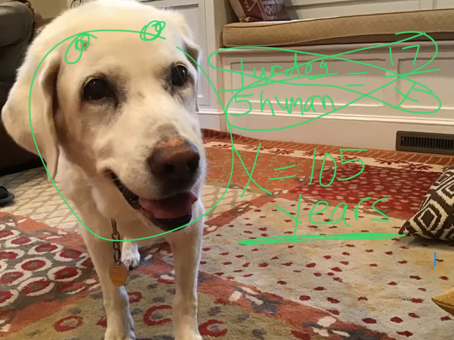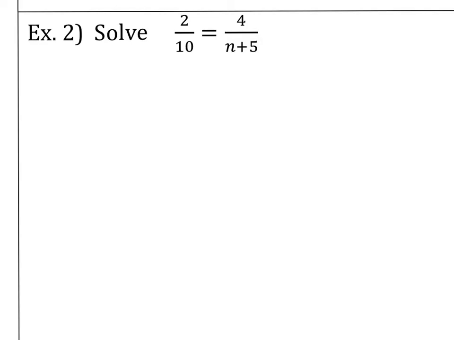Let's look at some other examples here. We are going to solve 2 over 10 is equal to 4 over n plus 5. Our strategy here, whenever you see a proportion, is to cross multiply. Now, I do want to point out one thing.